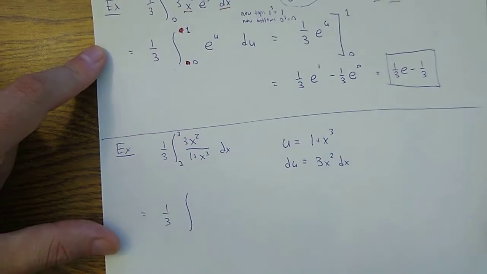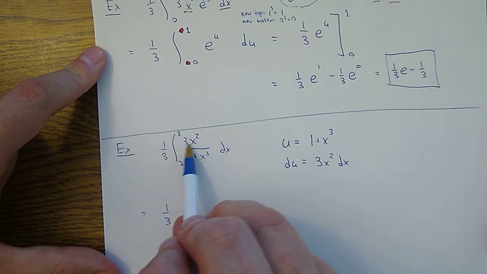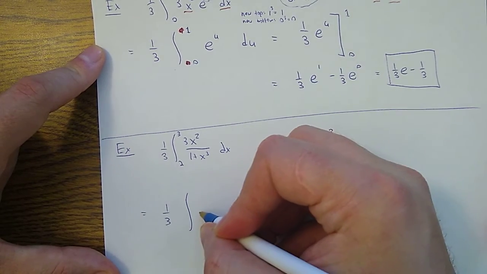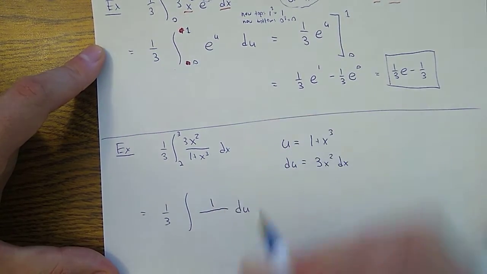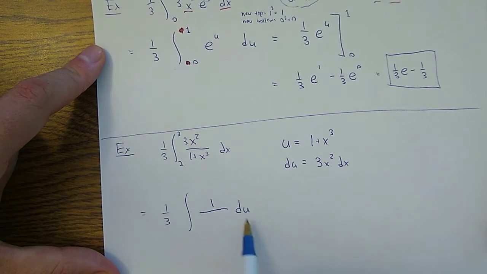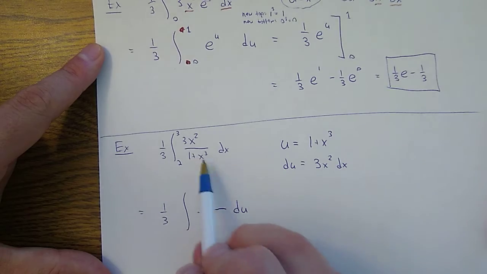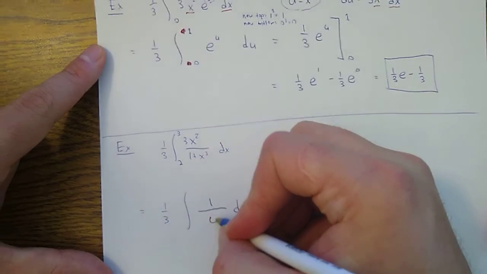So now that I have that, 3x squared dx, that's just du. And everything in the top went into that, so now on the top I just have 1. The bottom is just u.